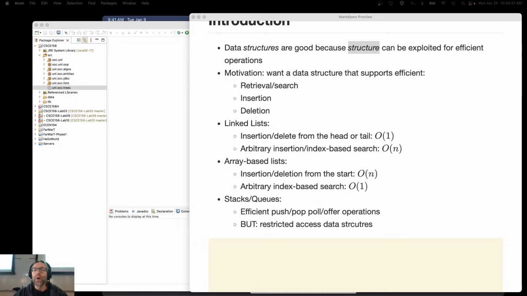In other words, they were only efficient if you used them as you were supposed to: only grabbing from one end and inserting at one end or the other, or some combination thereof. So they were restricted access. They weren't general purpose data structures where you could arbitrarily put something in, arbitrarily take something out.